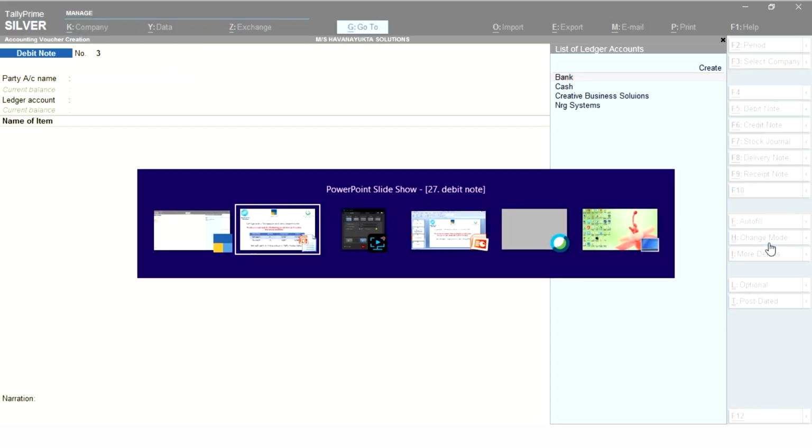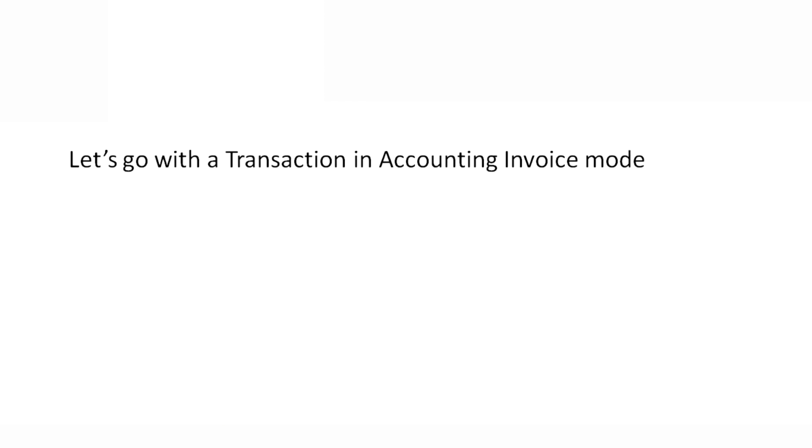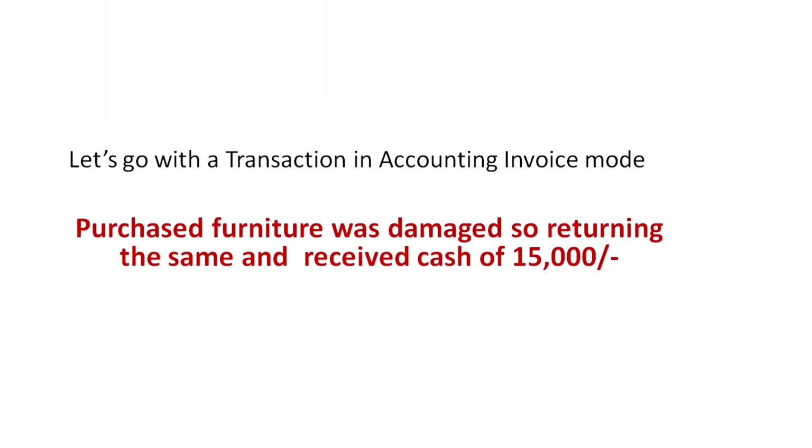So next we'll pass one more transaction. Let's go with a transaction in accounting invoice mode. The transaction is purchased furniture was damaged, so we are returning the same, and we received cash of rupees 15,000.